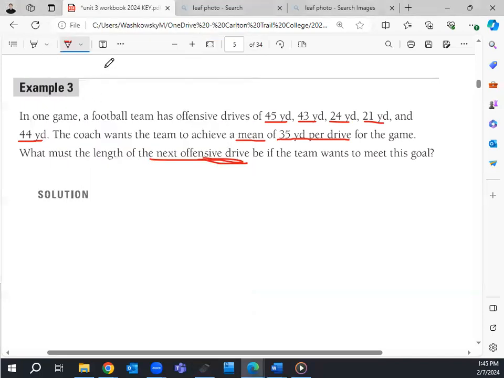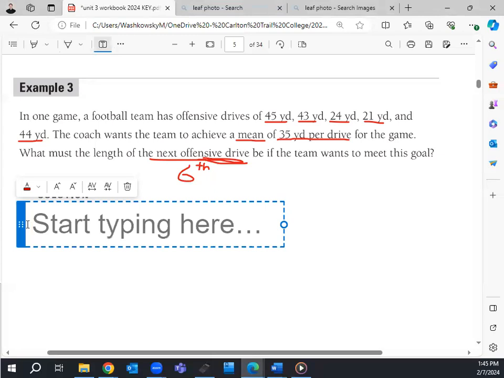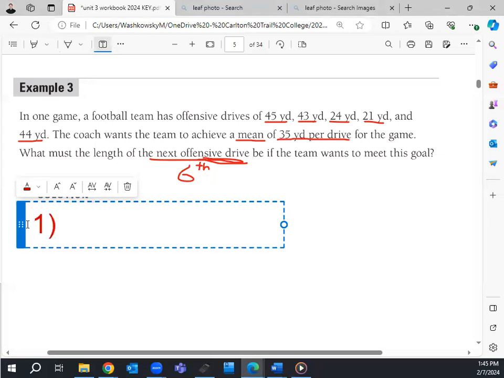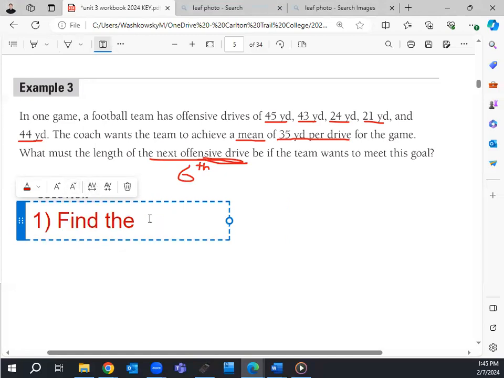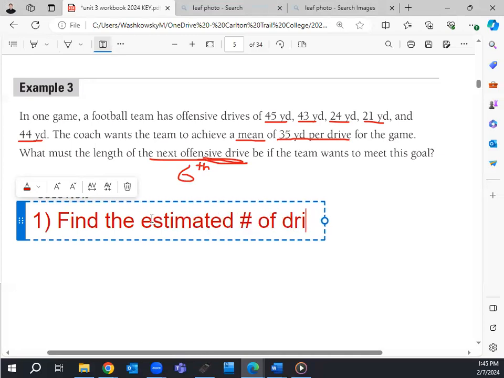So let's think about it this way. If I'm adding on one more drive, a 6th drive here, and I'm saying there's 35 yards per drive, how many total yards is that? So what I'm going to do is find the estimated number of drives.